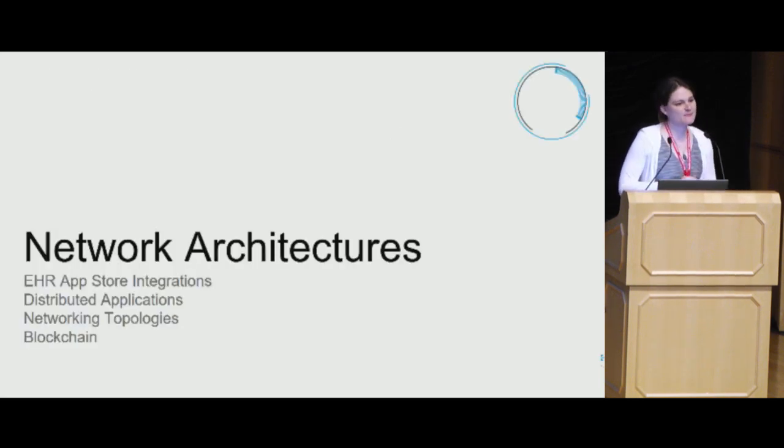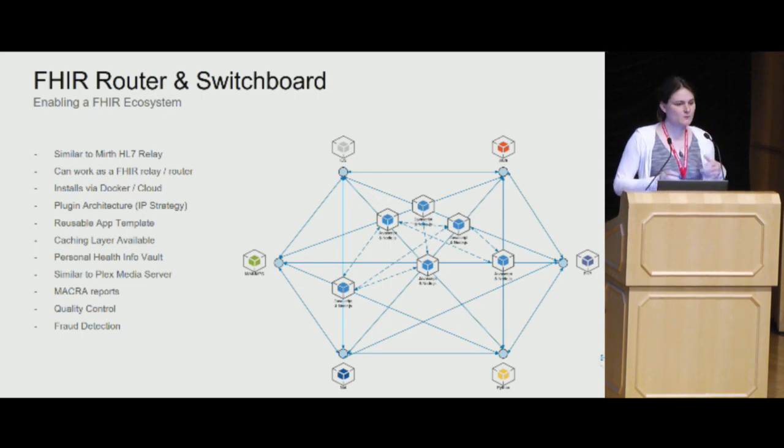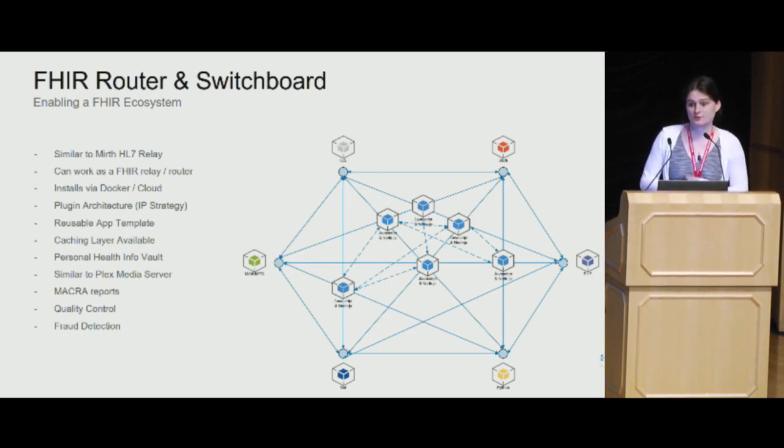Lastly, to wrap things up, the architecture for our product is both software as a service, but can also be done installation on site. And we think of the underlying technology as a FHIR router or a FHIR switchboard, not just server-client architectures, but there's a need for routing of these applications.